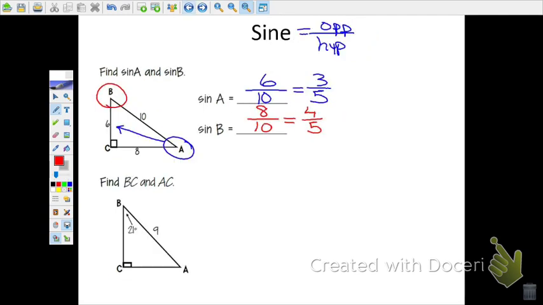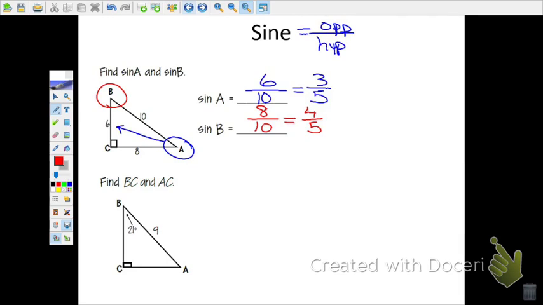Now we'll go back and look at the problems on the right-hand side. These could use any of those trig ratios. Now we're going to take it a step further, and we're actually going to find side lengths. In those first problems we did, we knew all 3 sides, so we could set up the ratio.